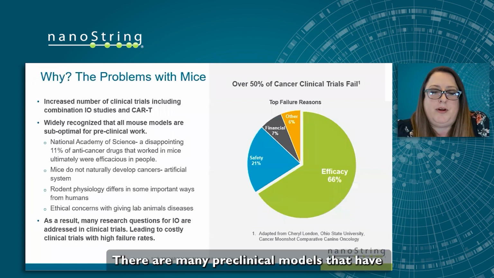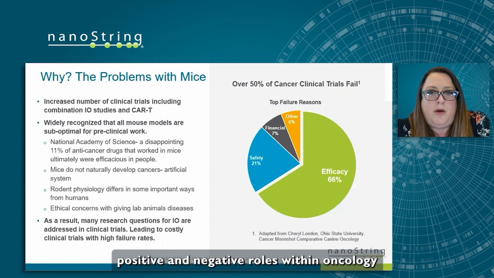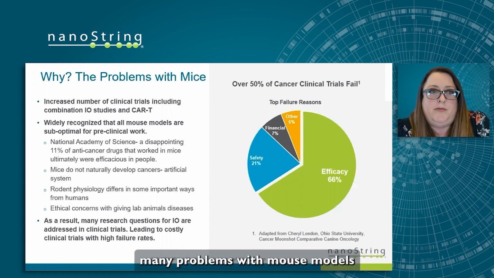So there are many preclinical models that have positive and negative roles within oncology, but it's well recognized that there are many problems with mouse models. Particularly, the efficacy in humans translated from mouse is very low.